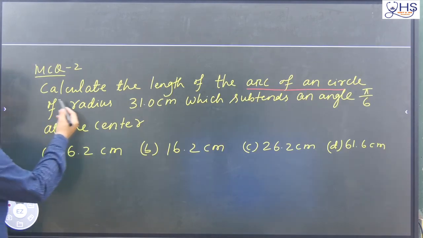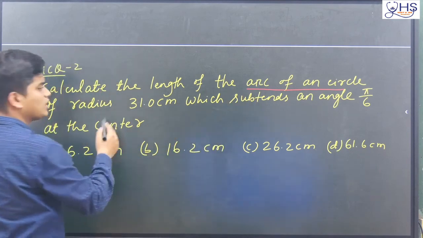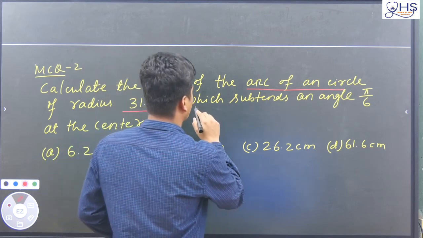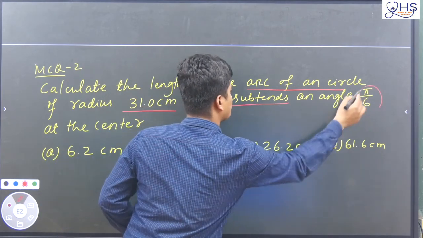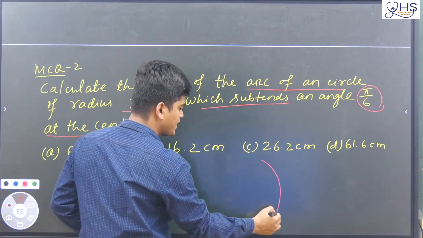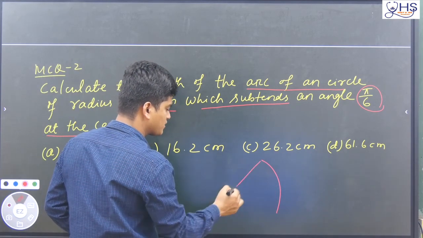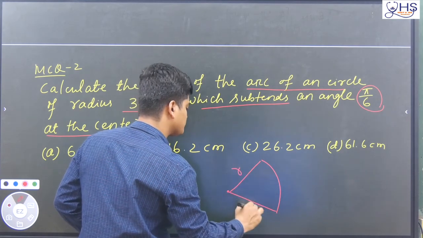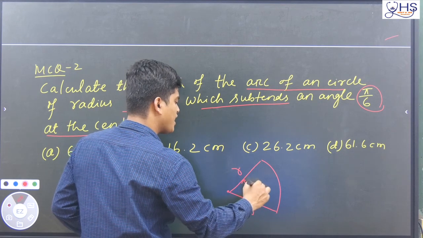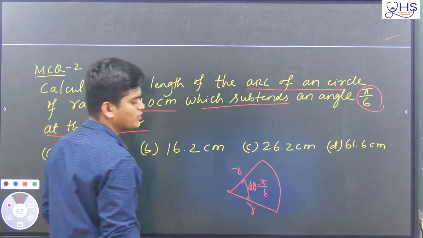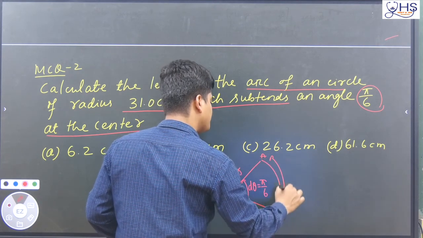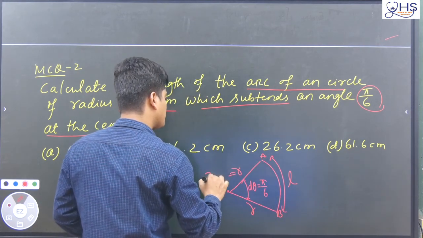Here question number 2 asks to calculate the length of an arc of a circle of radius 31 centimeter, which subtends an angle of pi by 6 at the center. Now see, here one arc is there and this is the center of this arc, from here to here this is nothing but radius r, and here this angle is given, suppose take d theta, that is basically pi by 6, and suppose this length is AB, this is your L, and r is 31 centimeter.